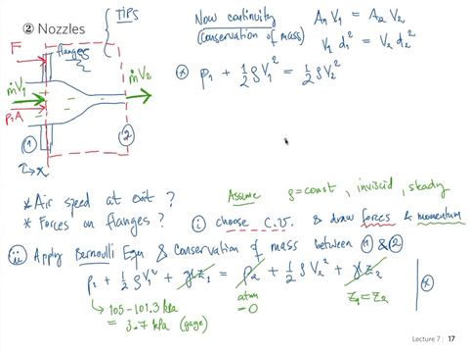And so here for V1, I can put V2 times D2 squared divided by D1 squared. Right? So now only V2 is unknown. Remember, pressure was given. So only V2 is unknown now in the rest of the equation. So I can express V2 in terms of P1, which is given in the problem.